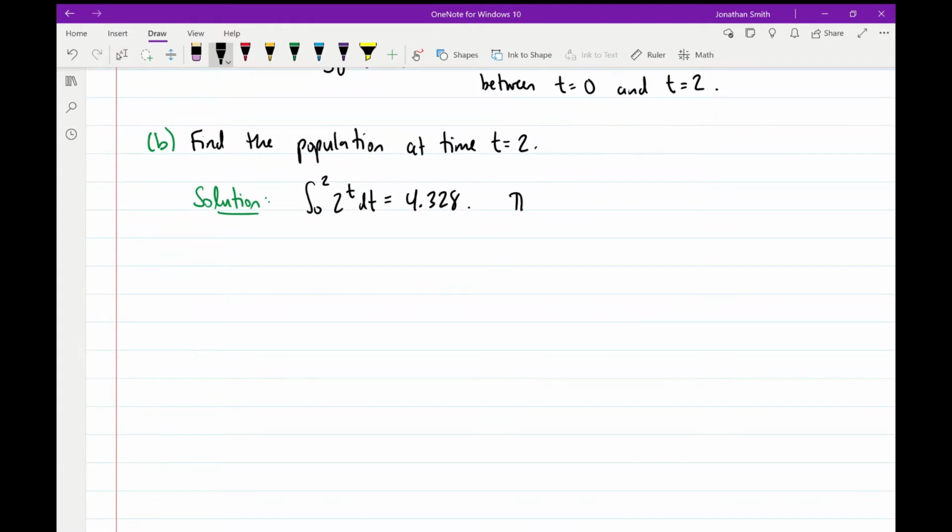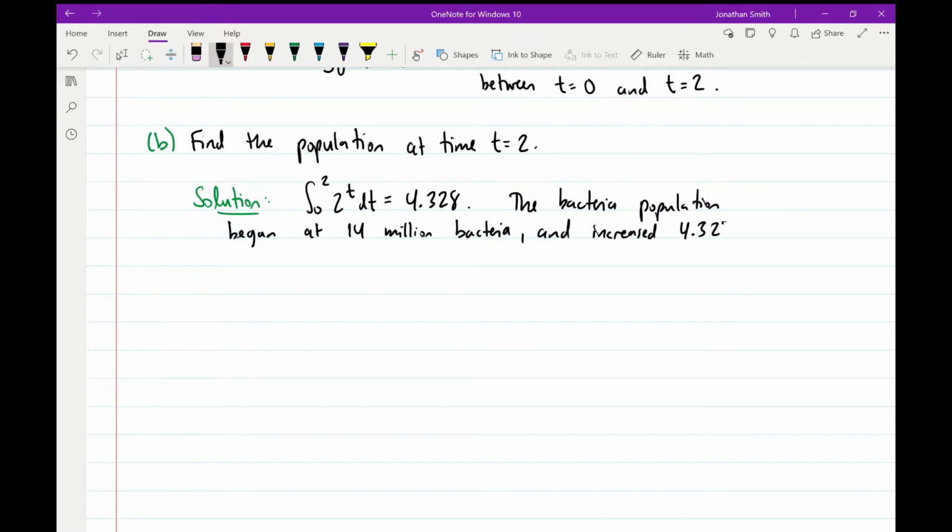Okay, and the bacteria population began at 14 million bacteria, and it increased 4.328 million from time equals 0 to time equals 2.